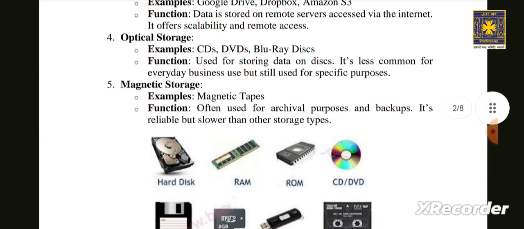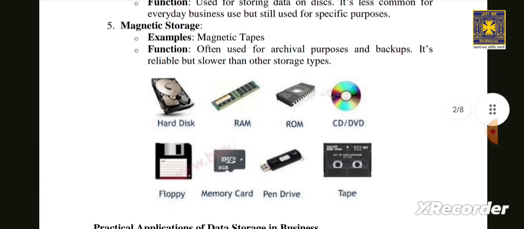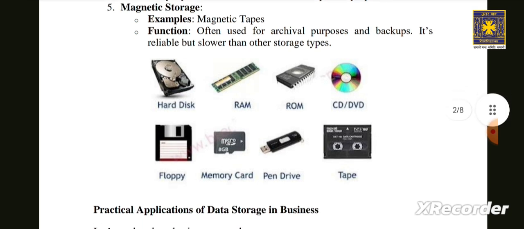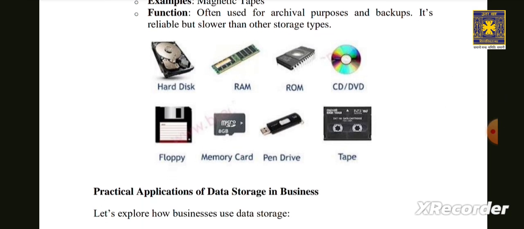Last one is magnetic storage, such as magnetic tapes. These are often used for archival purpose and backup because they are reliable. However, they are also slower compared to other storage types. Imagine it like an old library archive. It's not as quick to access, but it is dependable for long-term storage.